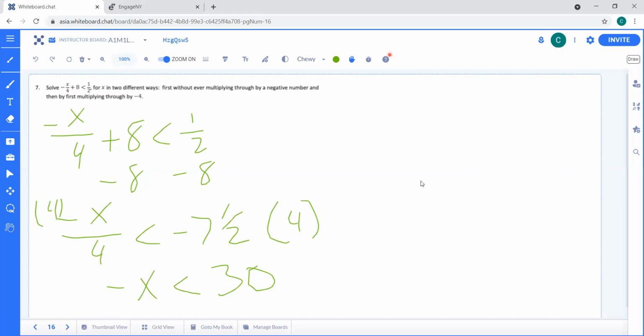What did I do there? Is that right? Yeah, that's right. But I have to multiply through by negative 1. And when I multiply by a negative, I have to flip my sign. So x has got to be greater than 30. Okay. If I multiply through by negative 4, I could have done it without the negatives.